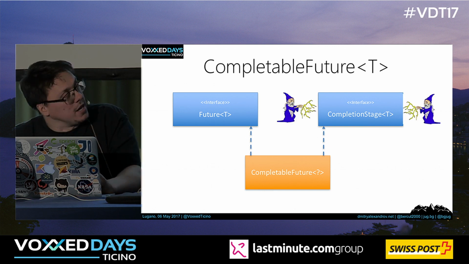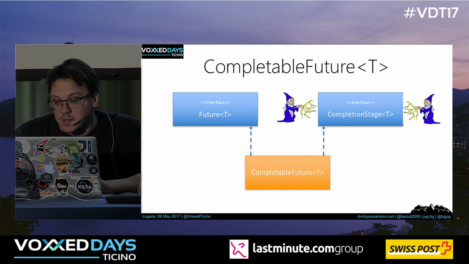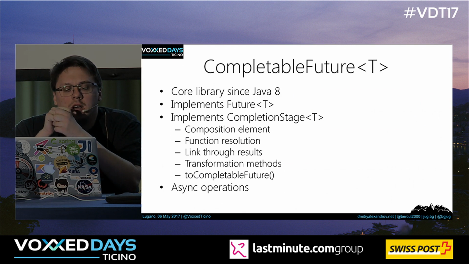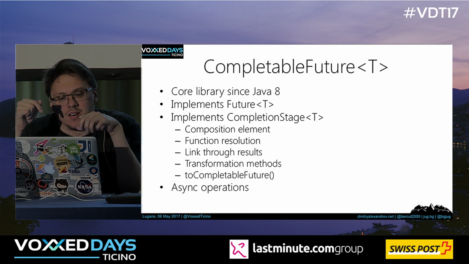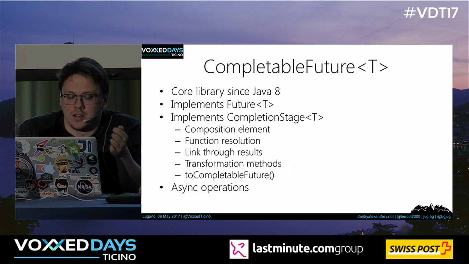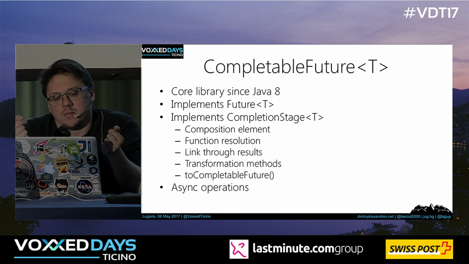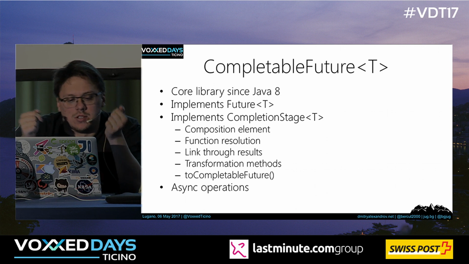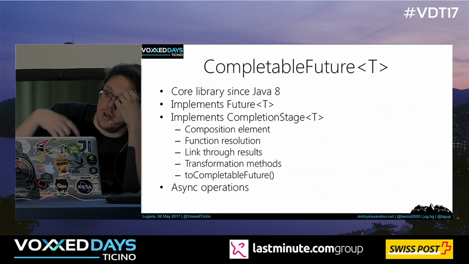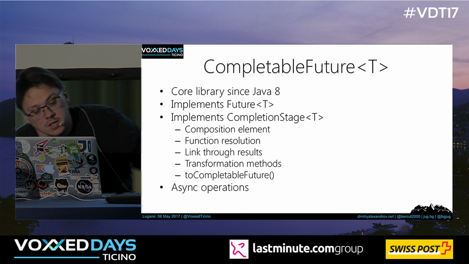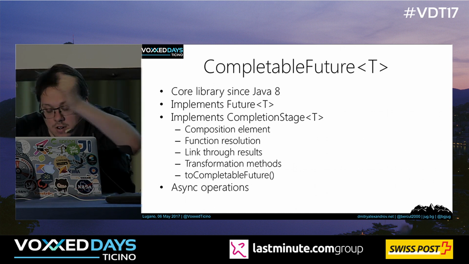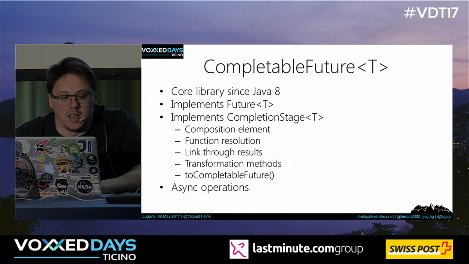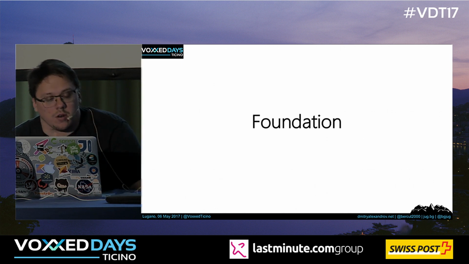And actually all the magic happens here, in this CompletionStage. This CompletionStage allows us to make a wholly new world of approaches that we can use in our program: composition of elements, function resolutions, we can transform the values inside, we can complete them, we can make chains, we can make flows of tasks, and they are all available in async operations.